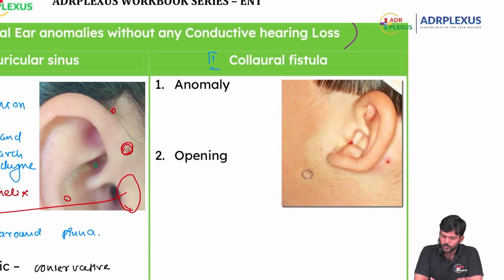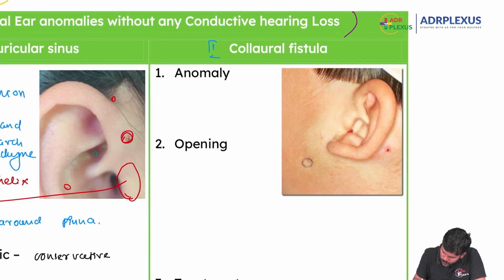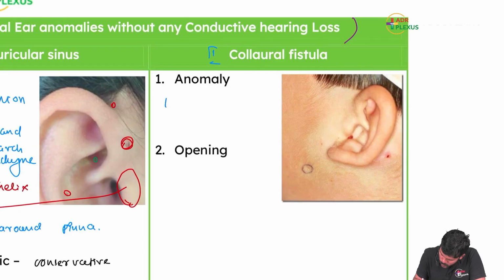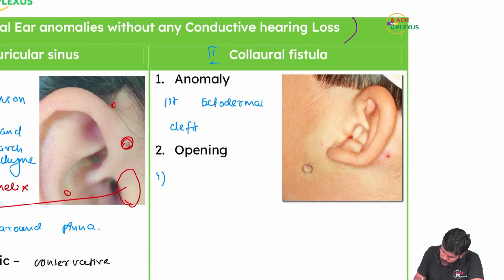So, coloboma fistula. Coloboma fistula is nothing but the first ectodermal cleft anomaly. If there is a first ectodermal cleft anomaly, it means it is a first mandibular arch anomaly. If it is a mandibular arch anomaly, one point of the fistula will be near the angle of mandible.